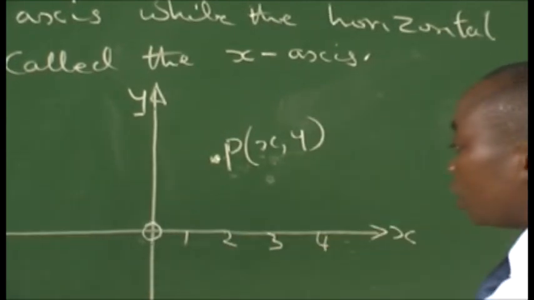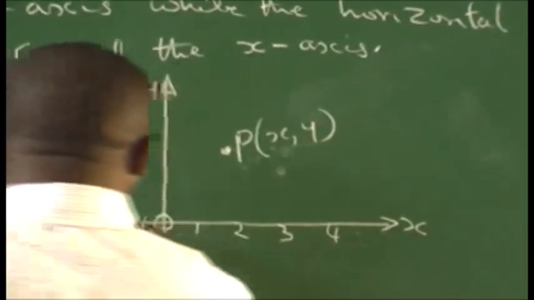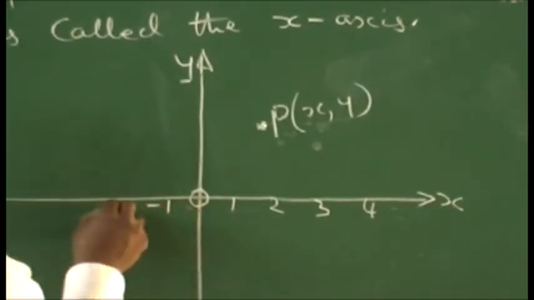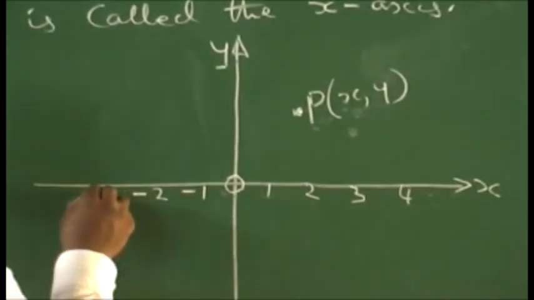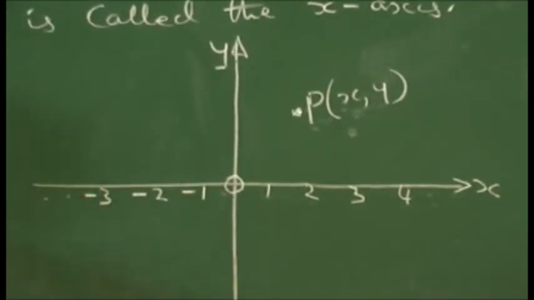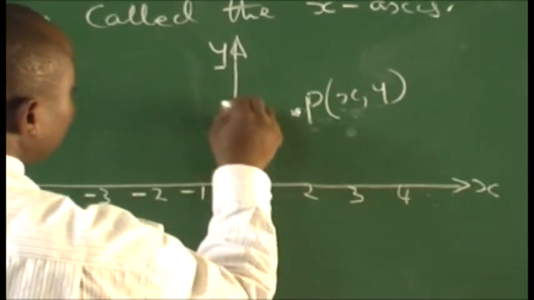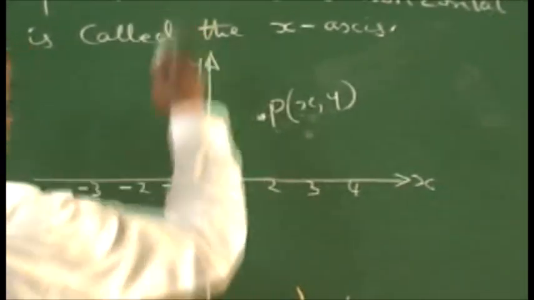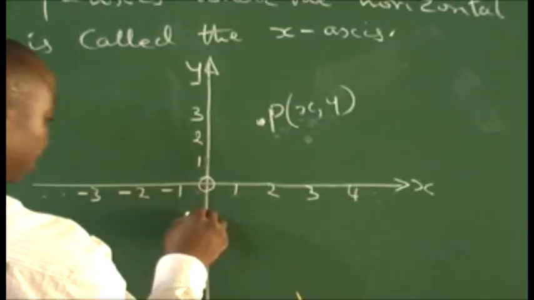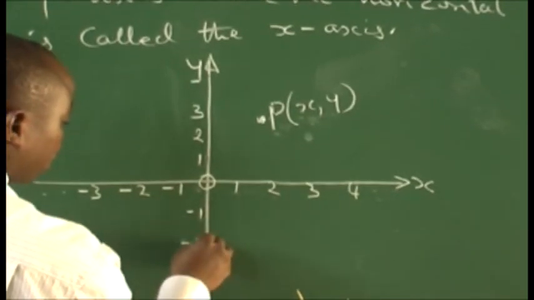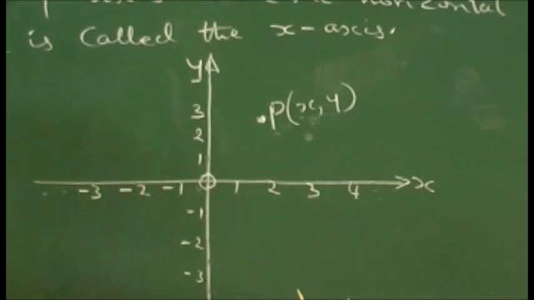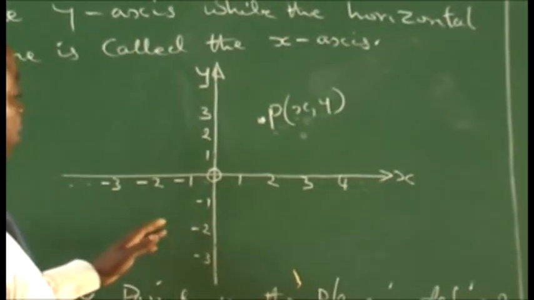It will continue like that, and this side will be minus 1, minus 2, minus 3. Then this side is 1, 2, 3, and then this side is minus 1, minus 2, minus 3. So that is how the coordinate plane looks like.